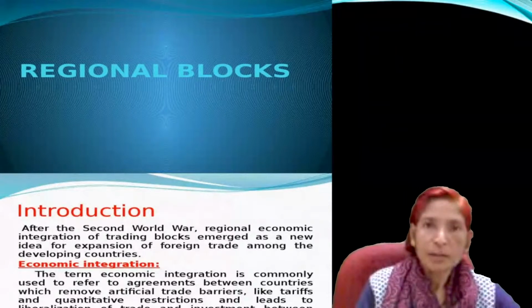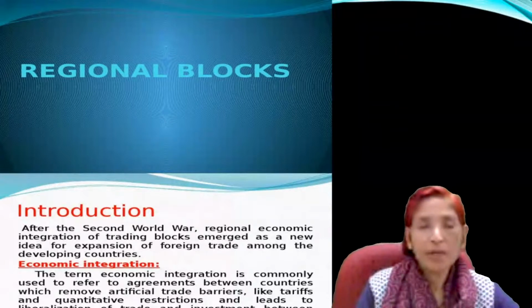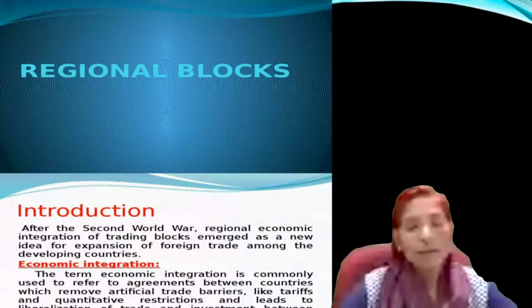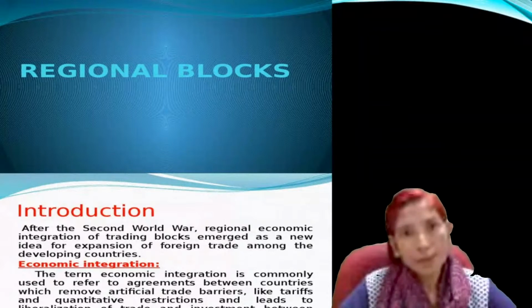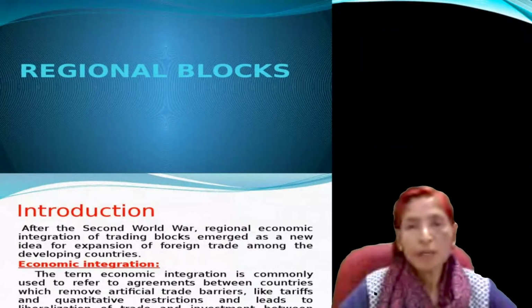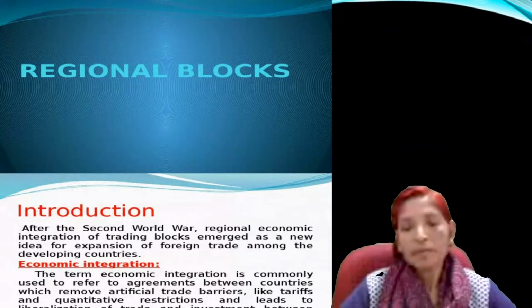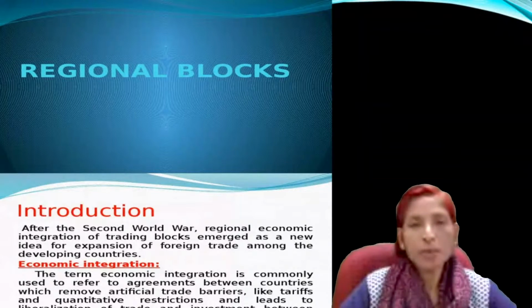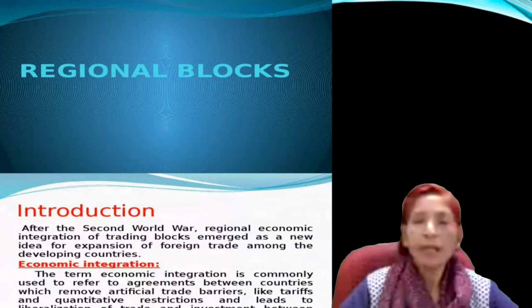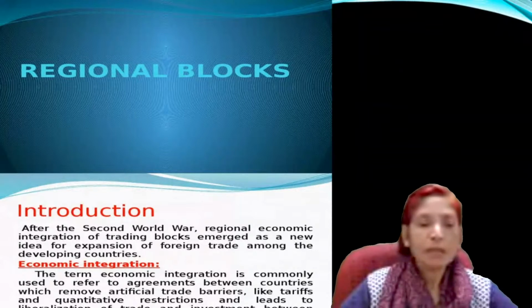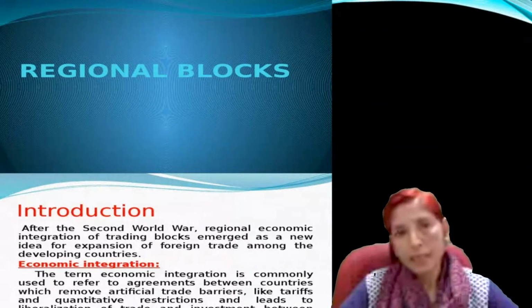Economic integration. You know that globalization is the process in which we can integrate our economy with the rest of the world. So, the term economic integration is commonly used to refer to the agreements between countries which remove artificial trade barriers like tariffs, tariff means import duties, and quantitative restrictions like quotas, and lead to liberalized trade agreements.